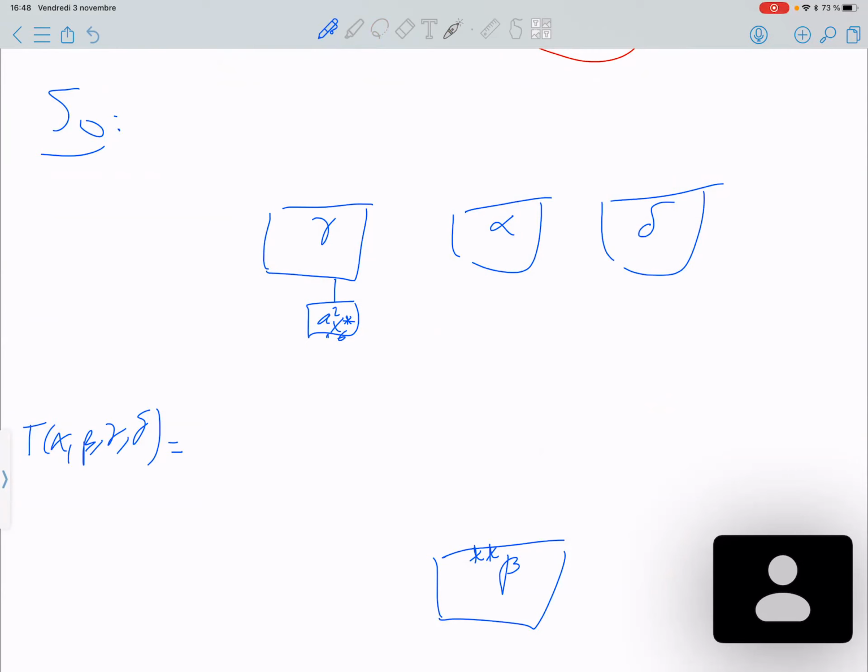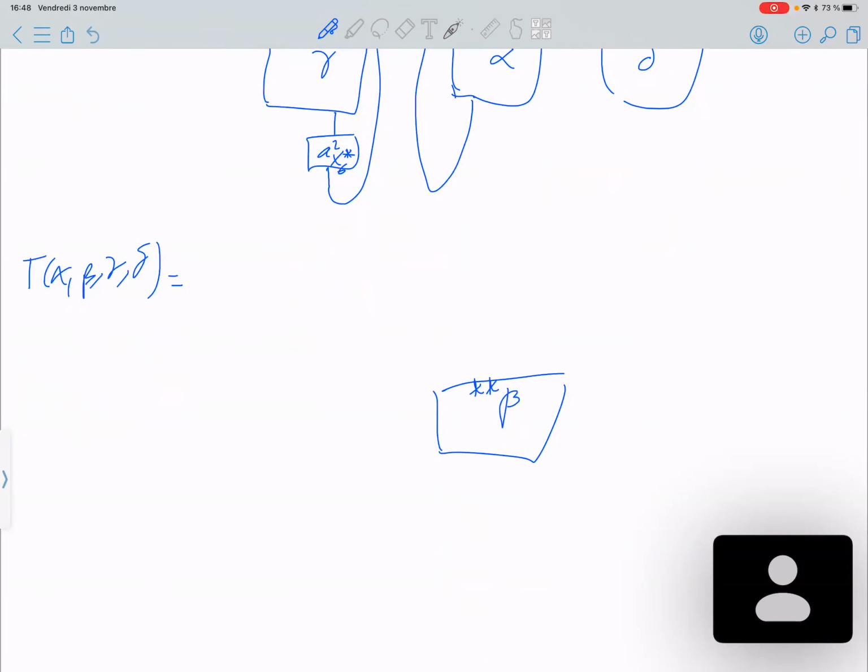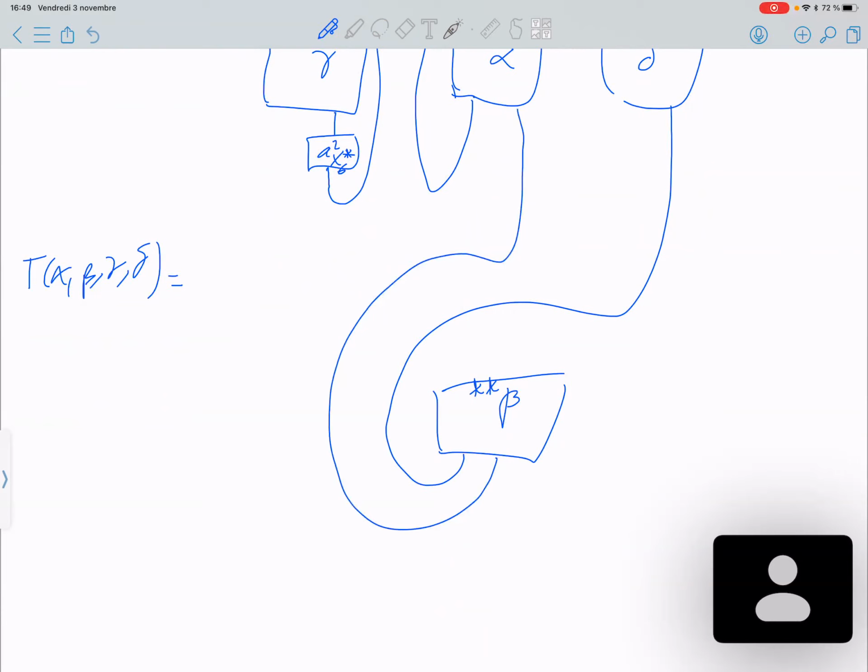Okay. So now here. So this one, this move here. Okay, this one will move here. This one will move here. This one moves here.